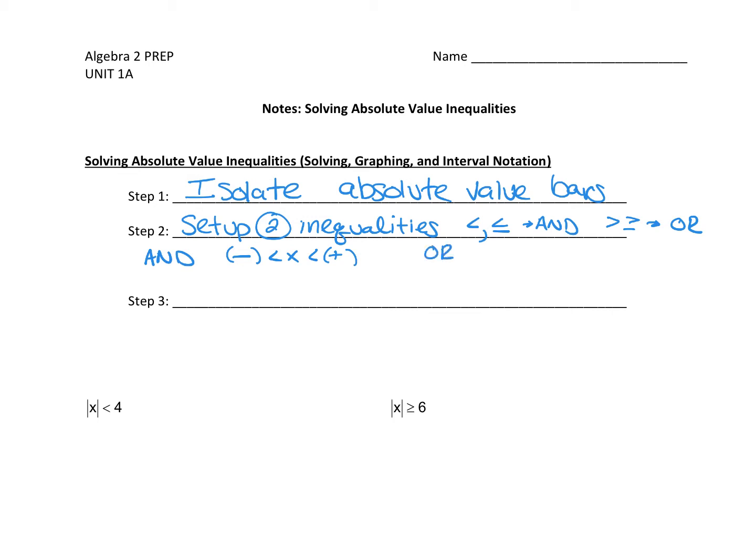If you have an or inequality, it's going to be x is less than the negative, or x is greater than the positive. We have to make sure that when we are doing the or, we switch our sign with the negative. And then the last step will be to solve the compound inequalities.